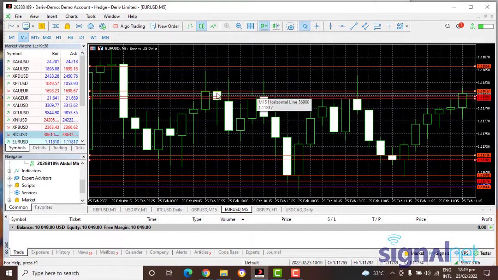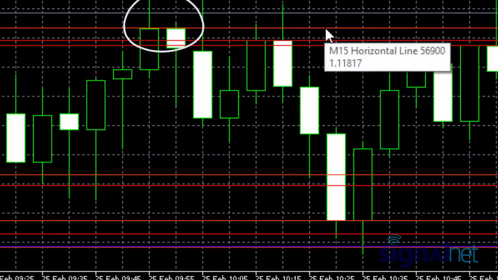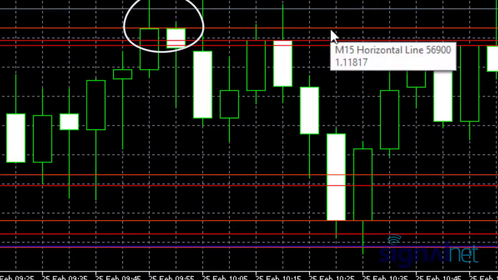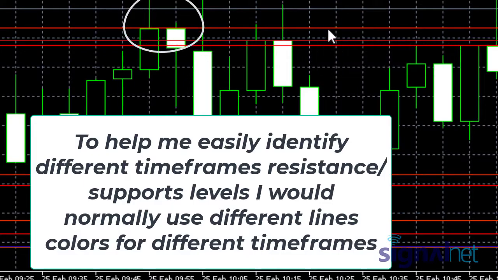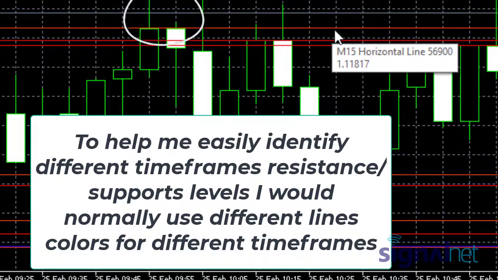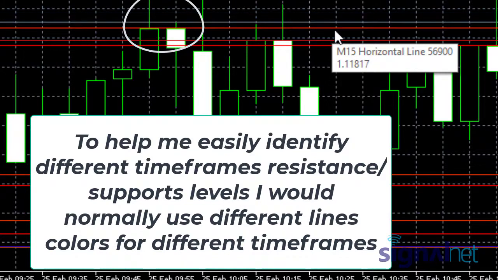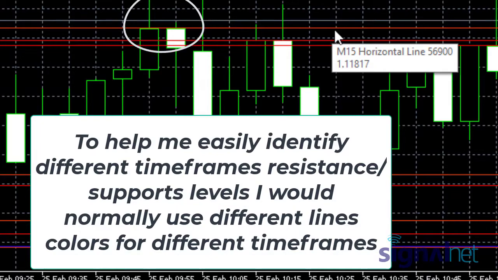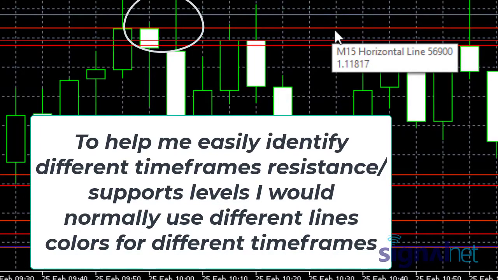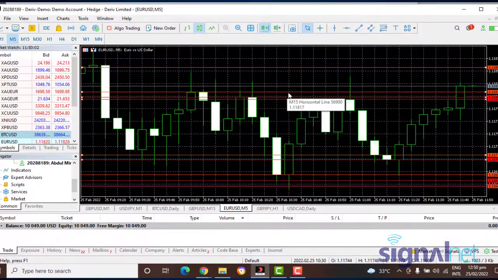Although this level here, if you look at the color closely, was kind of another color. What I usually do is use different colors for different time frames, so that I can easily tell which time frame's resistance or support level the market just hit or broke.